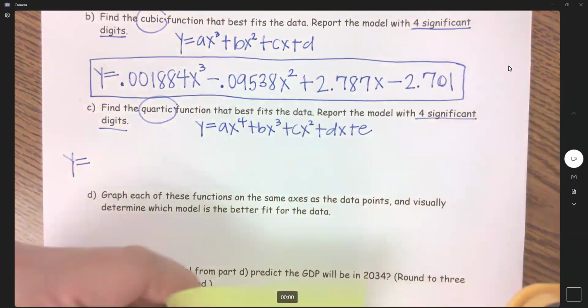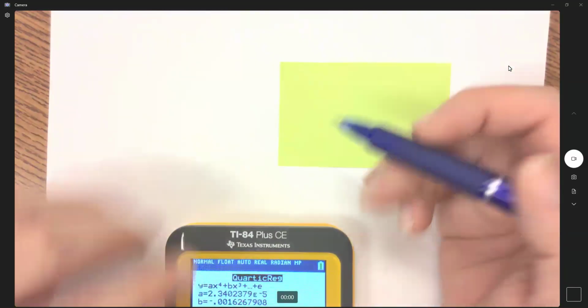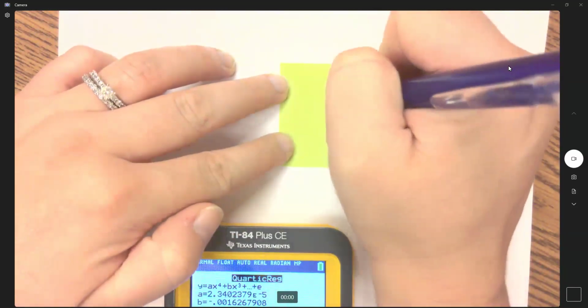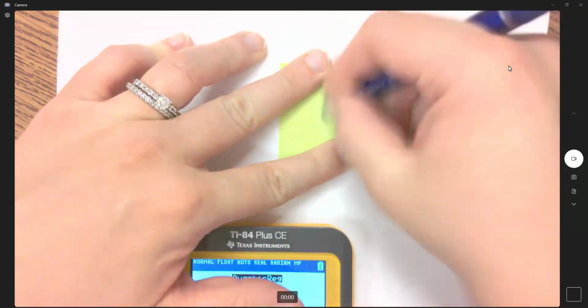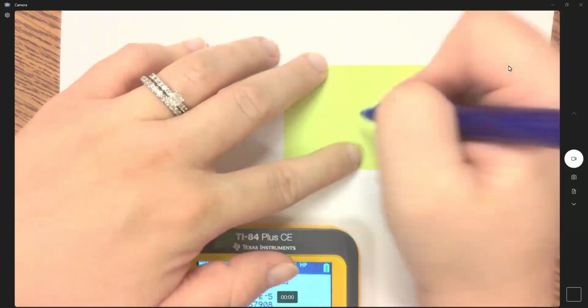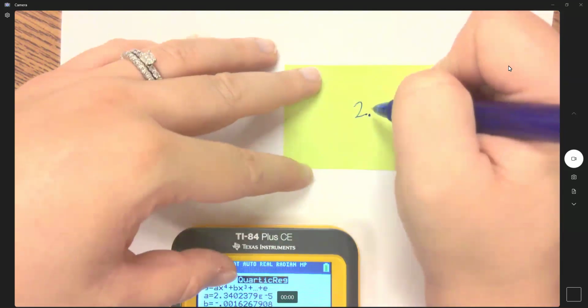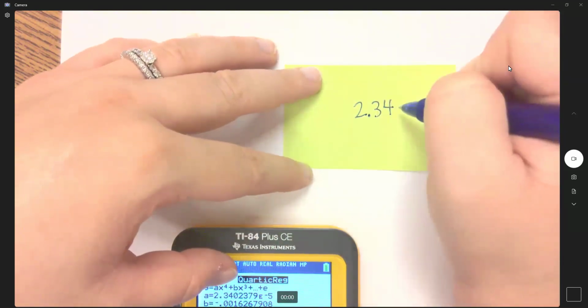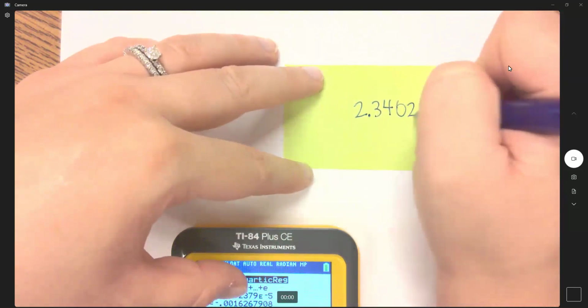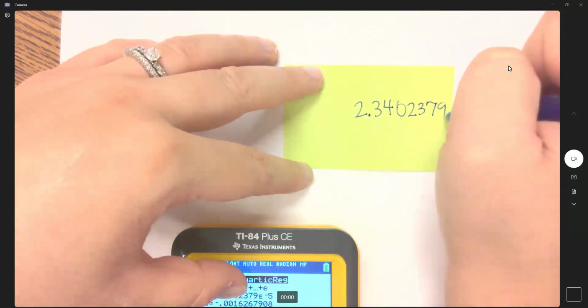Okay, so what do I want to do here? If I write this over here, we have 2.340237.9. And let me start over again. That's not big enough for me.